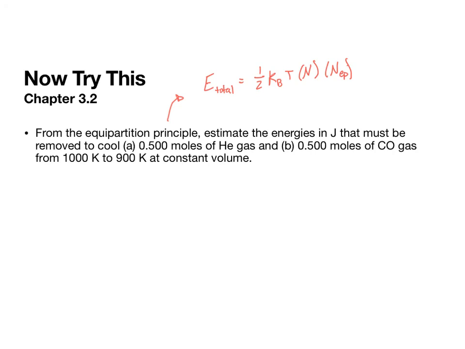Estimate the energies in joules that must be removed to cool 1/2 mole of helium gas and 1/2 mole of carbon monoxide gas by 100 Kelvin, from 1,000 to 900.